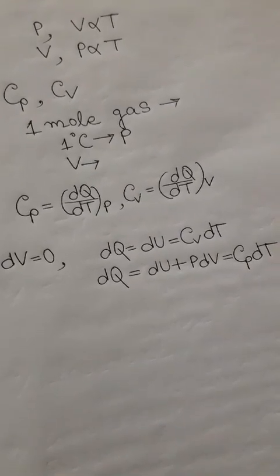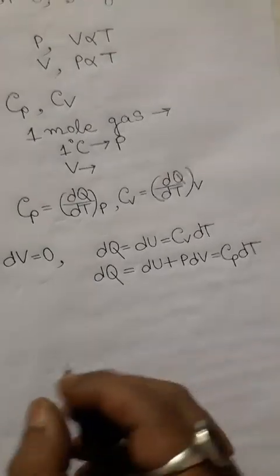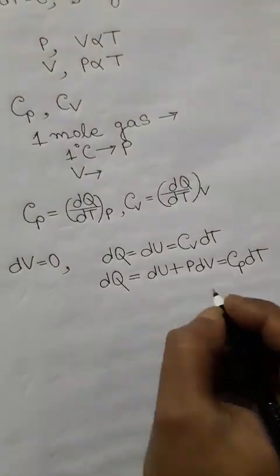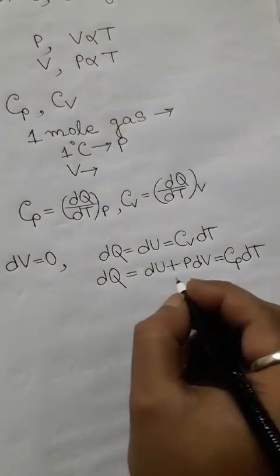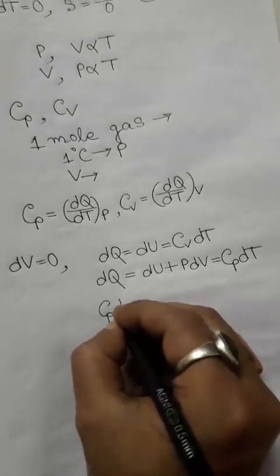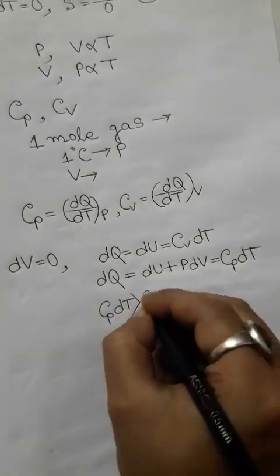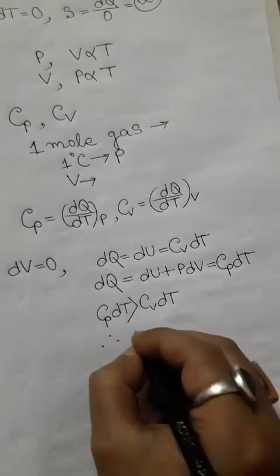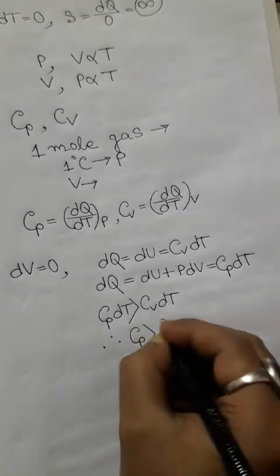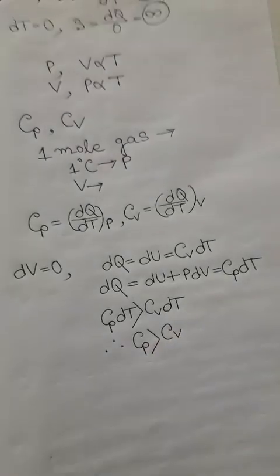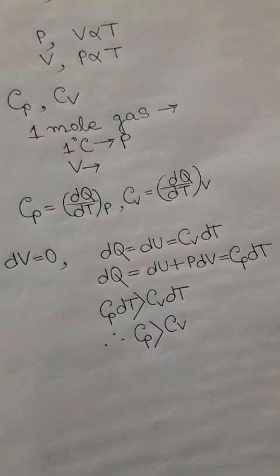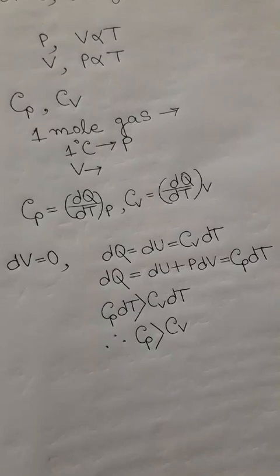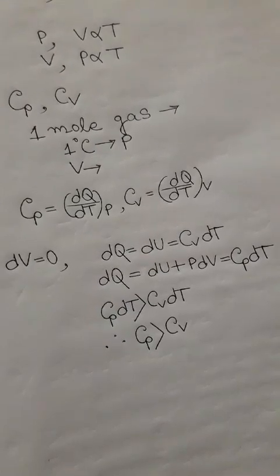From the above expressions, it is very clear that Cp dT is always greater than Cv dT. That is, we can easily tell Cp is greater than Cv.